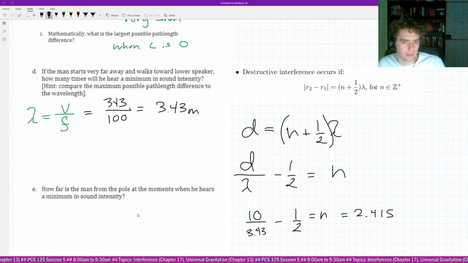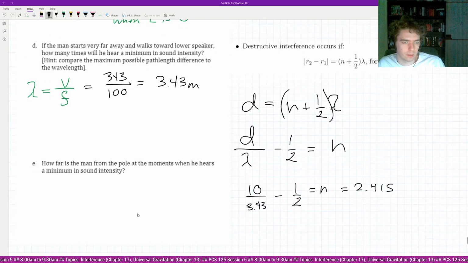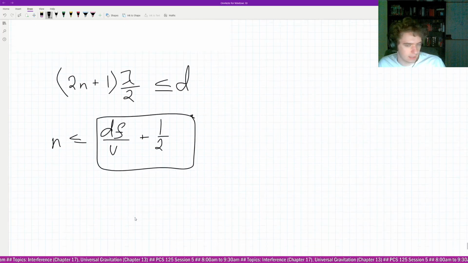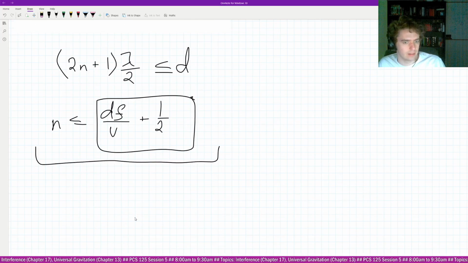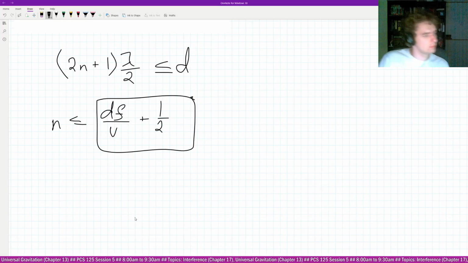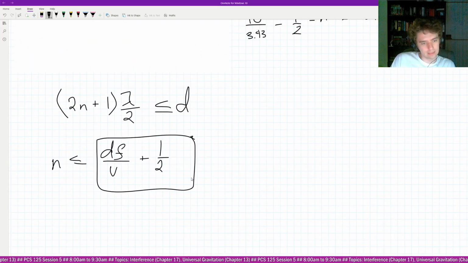So let's figure out how many times we hear, or that is the maximum number of times. Yeah, that's the maximum number of times that he'll hear the minima. I don't really understand. Maximum number of minima the man can hear while approaching the pole is n. And we know that n is less than or equal to this.